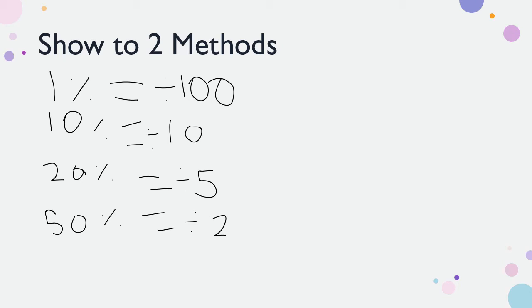So for example, if we've got find 55% of, let's say, 200.